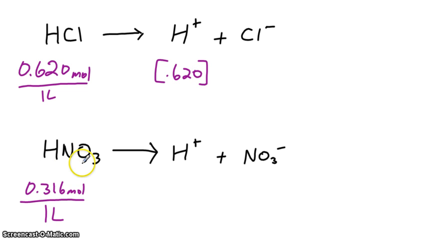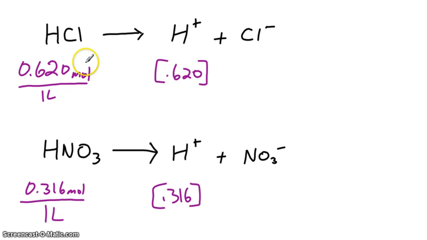HNO3 is also a strong acid. It will completely dissociate. So if we started out with a 0.316 molar solution of HNO3, we're going to end up with a 0.316 molar solution of H+ contribution from the HNO3 in the 1 liter solution.